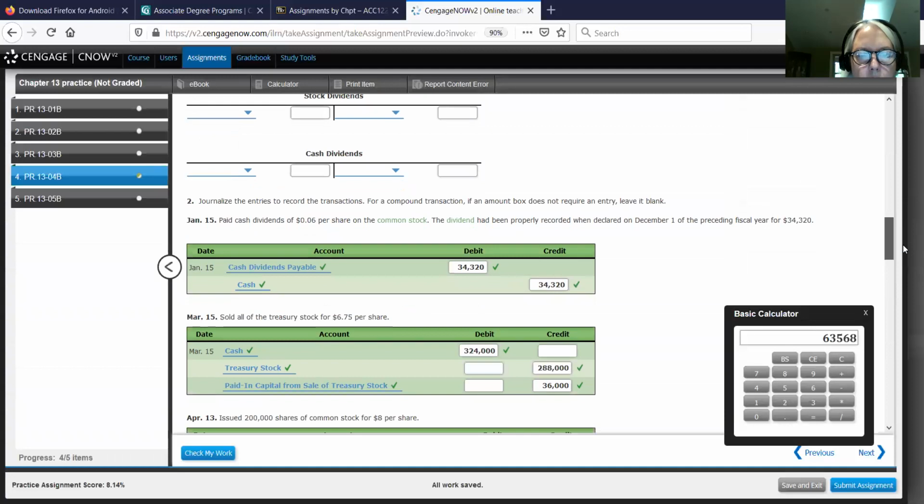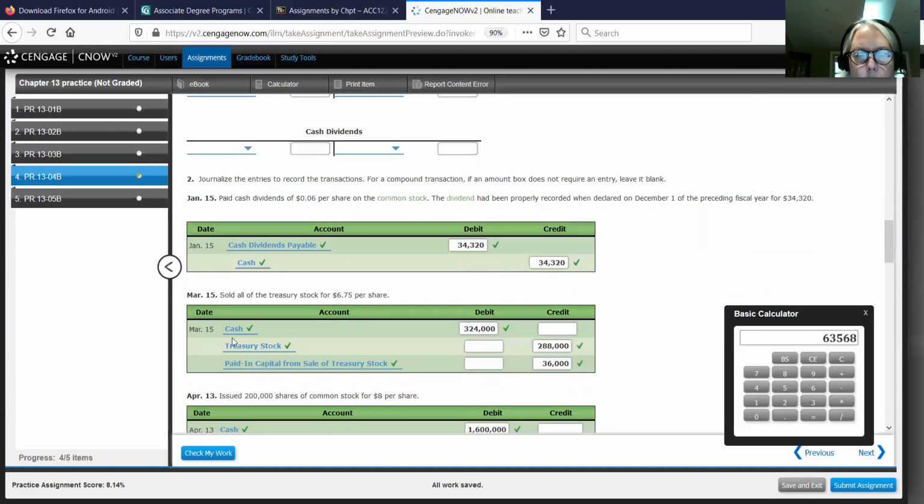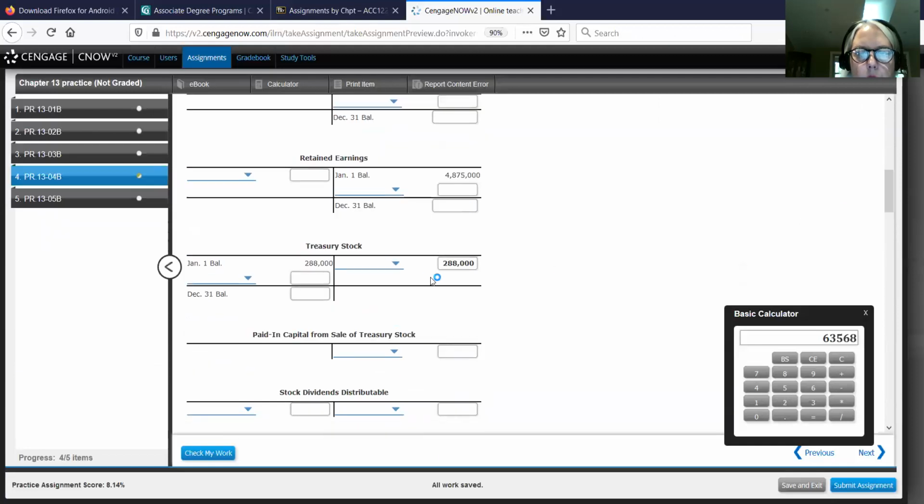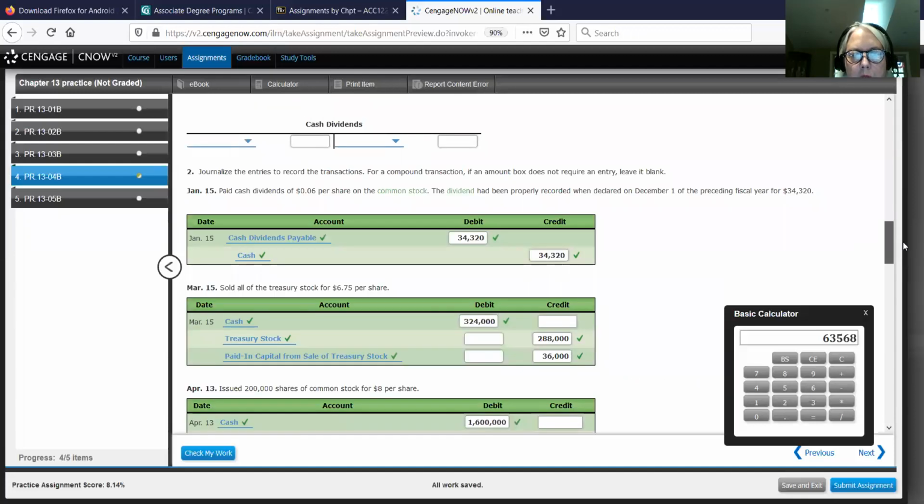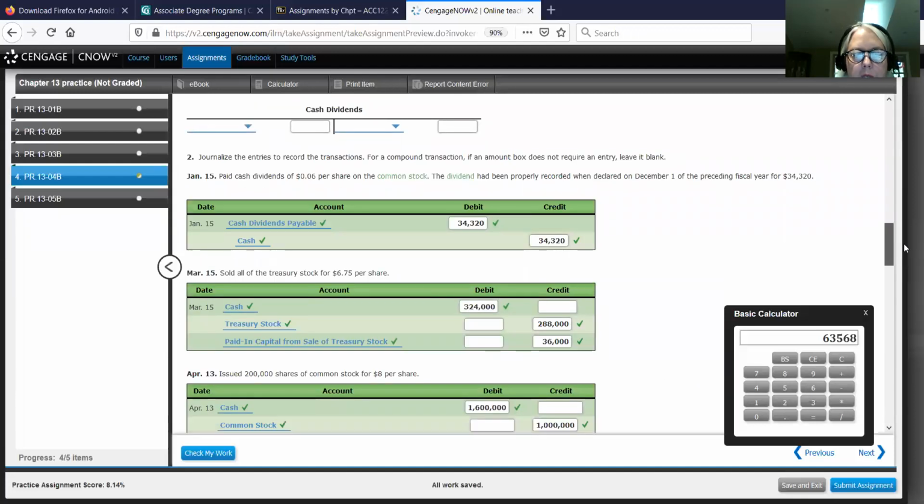The date of that transaction happened on March the 15th, so let's put our date in on March the 15th. And then we will have posted to the treasury stock the credit of $288,000. Remember, we sold all of that treasury stock on March 15th.